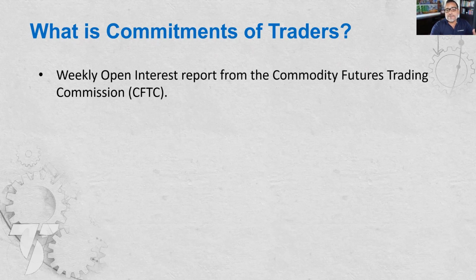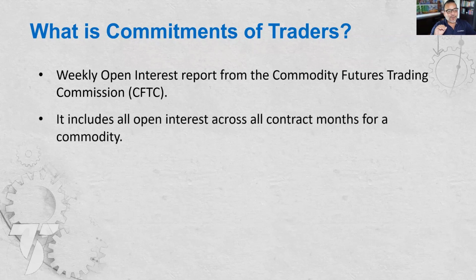The CFTC is a federal agency, and anybody in the futures market trading beyond these levels is required to report their positions to the CFTC. Every week, the CFTC compiles all this data and creates a report, which is called the Commitments of Traders data.